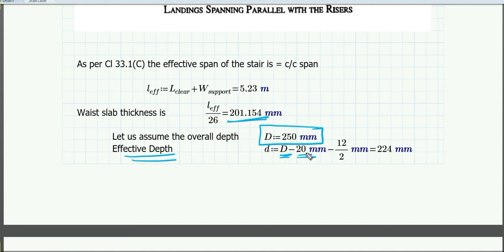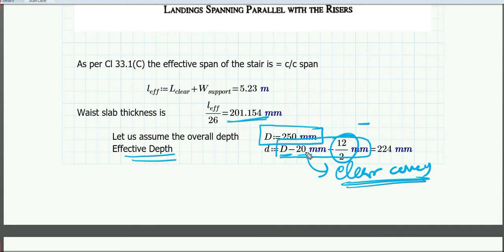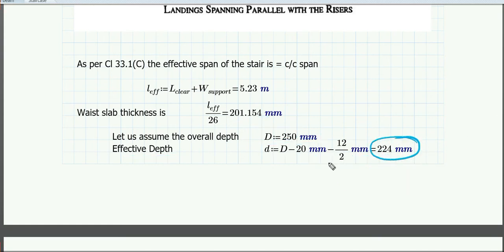The 20 mm is for the clear cover for the mild condition, and you can also subtract 12 by 2, the bar radius. So the effective depth is D minus 20 mm minus 12 by 2 mm, which is 224 mm. This is the effective depth for the waist slab.